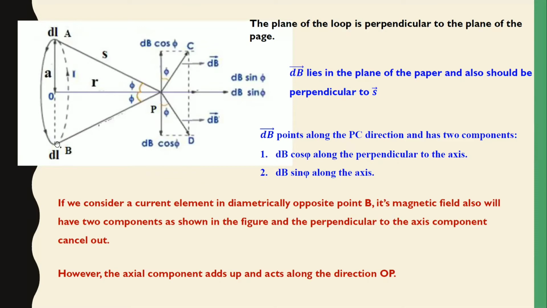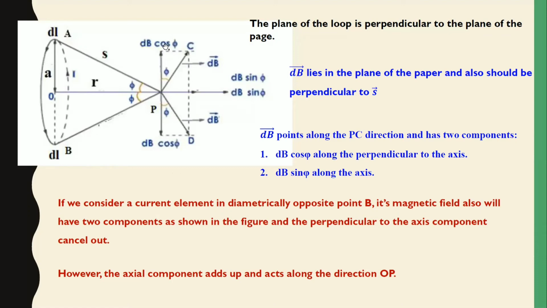Now if we consider similarly a current element at the diametrically opposite point to A, that is the point B here, its magnetic field will also point along the direction of PD. And it will again have two components, one perpendicular component along this direction, which is dB cosine phi, and another along this direction, which is dB sine phi.